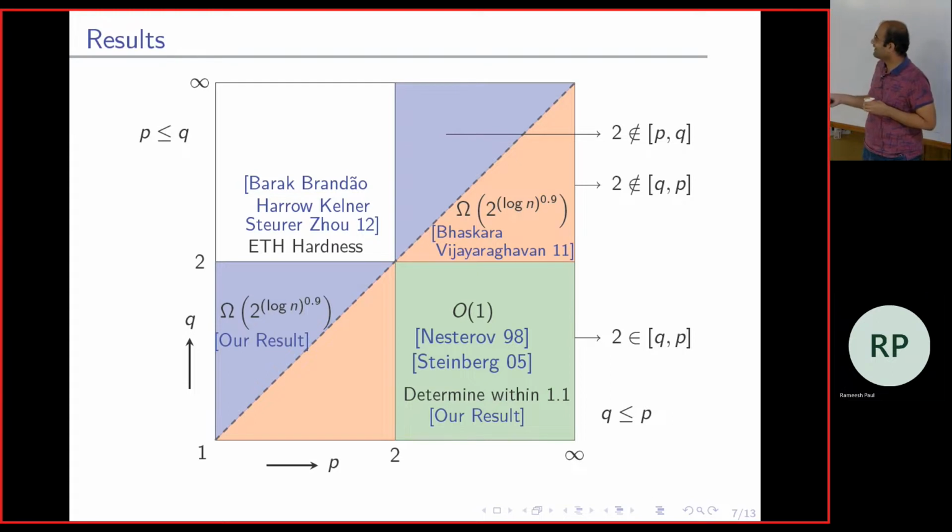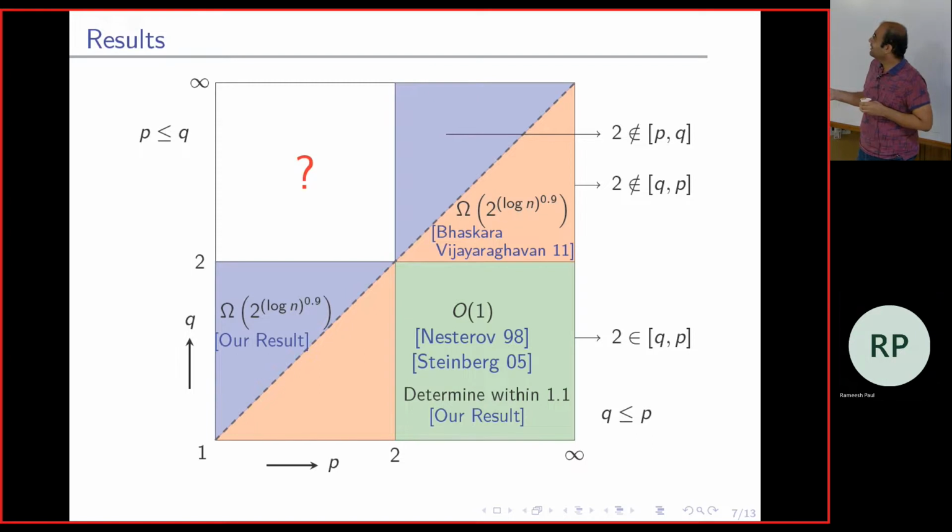We can recover this result also, but under the weaker assumption of NP not in randomized time, it's the same framework which gives all these hardness results. And when I say we determine this, we actually give an algorithm which matches up the constant to the right number. So let's get formal.